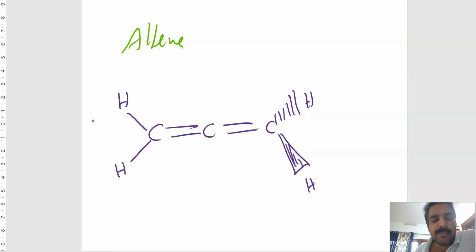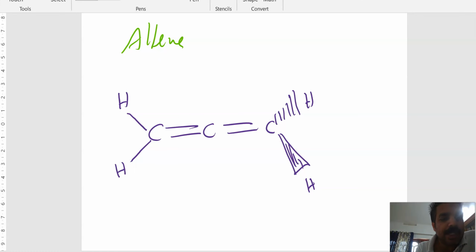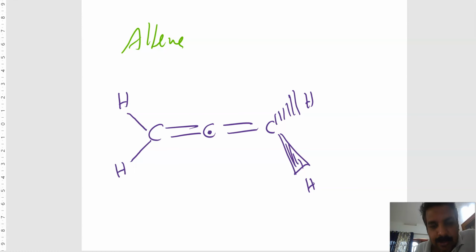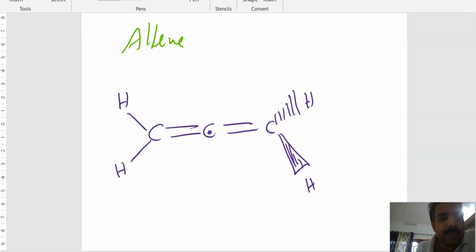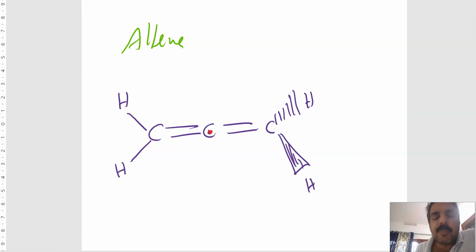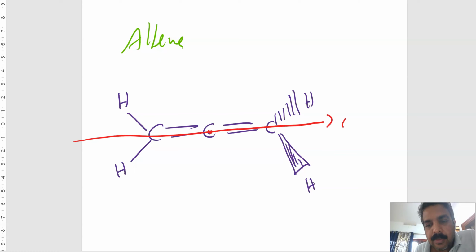Okay, this is the shape of allene, and you can see there is a C2 axis. The highest C2 axis is here. A C2 axis is present at the center and perpendicular to this plane. And there are two other C2 axes. A C2 axis passing through this skeletal carbon.